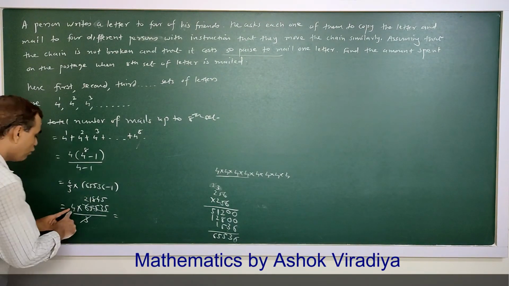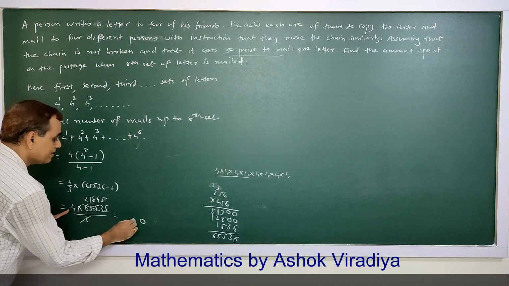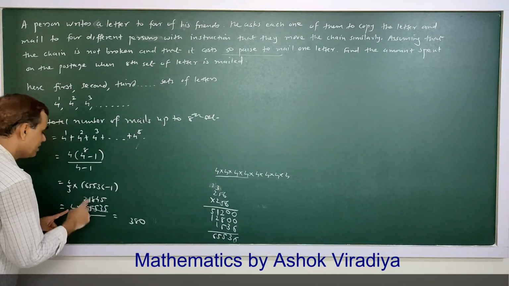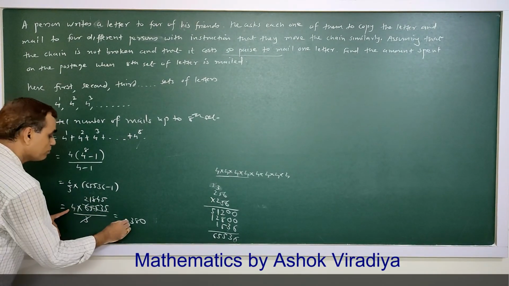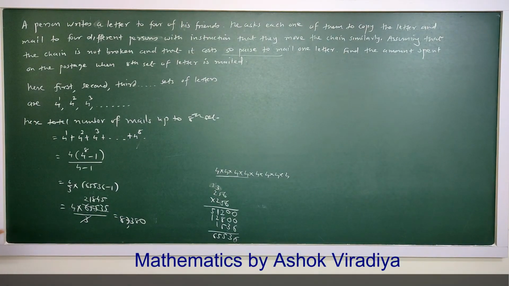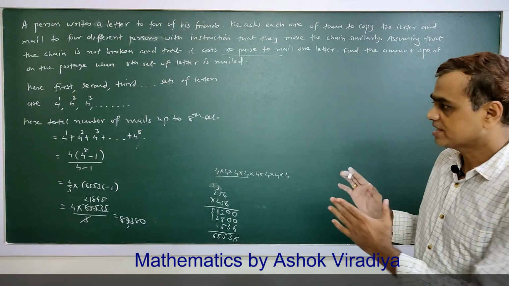So 4 into 5, 20, put 0, carry 2, 4 sixes... 4 fours are 16, plus 2, 18, put 8, 1, 32 plus 1, 33, put 3, 4 into 1, 4, 4 plus 3, 7, 4 into 2, 8. So 87,380 mails are sent. Now let me calculate the cost of this mail.